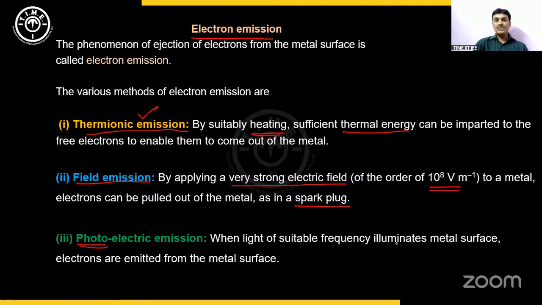When light of suitable frequency falls on a metal surface, electrons absorb that energy of the light and they can come out of the metal surface. This process is called photoelectric emission. Right. If light is able to release the electrons from a metal surface, that means light carries energy.